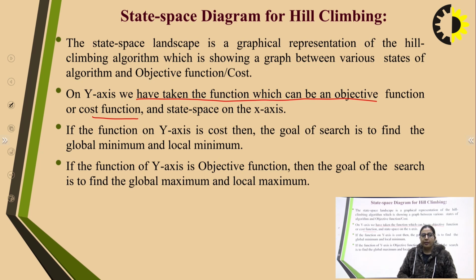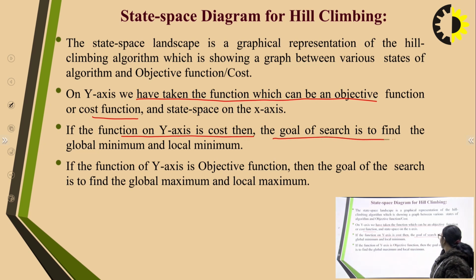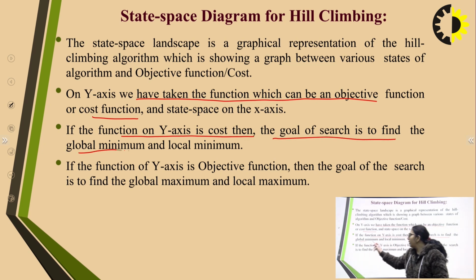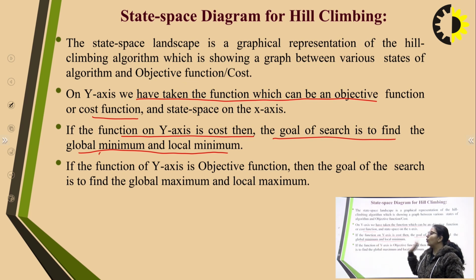And if the function on the y-axis is cost, then the goal of the search is to find the global minimum and local minimum. If we are considering the y-axis as the cost, then we need to find the global minimum and local minimum value, right?